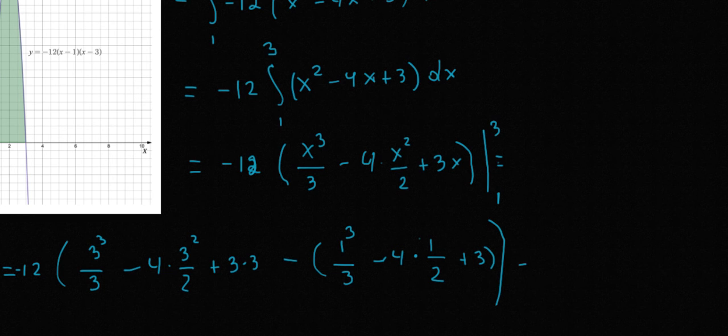So we have negative 12 times 3 cubed over 3, that's 9, and then we're subtracting 9, subtracting 4 over 2 is 2 times 9, subtracting 18, adding another 9, so all of that cancels out.